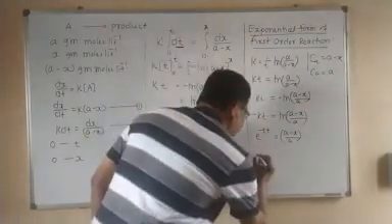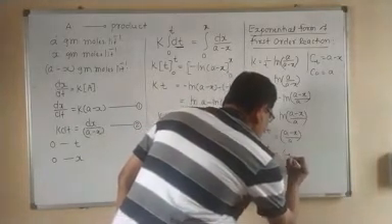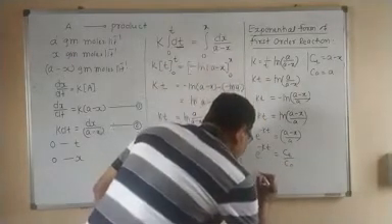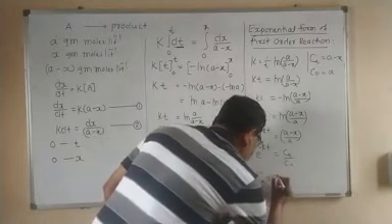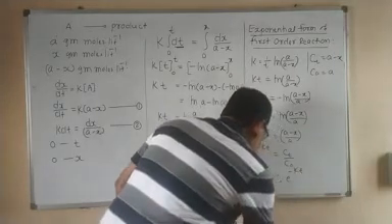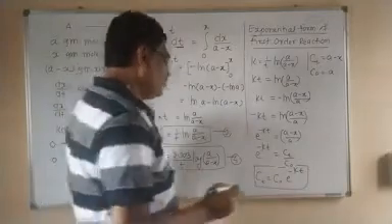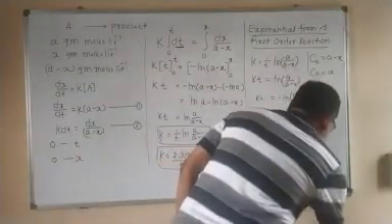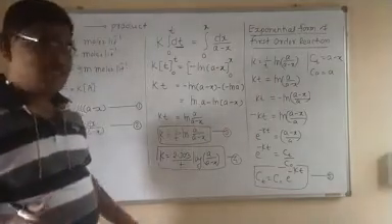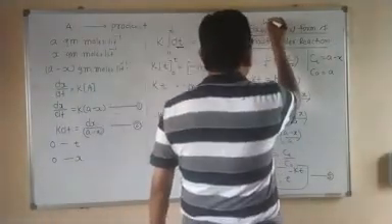What do we get? e raised to minus kt is equal to Ct upon C0. C0 is shifted here. What do we get? Ct is equal to C0 into e raised to minus kt. Equation 5 is called the exponential form of first order reaction, or it may also be called the Hill-Helmholtz equation.